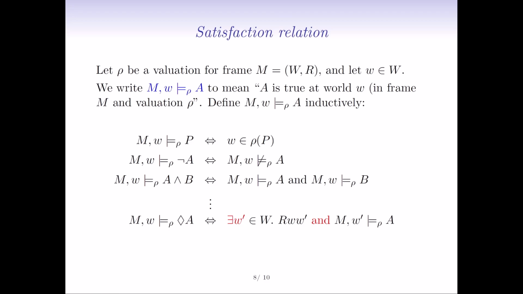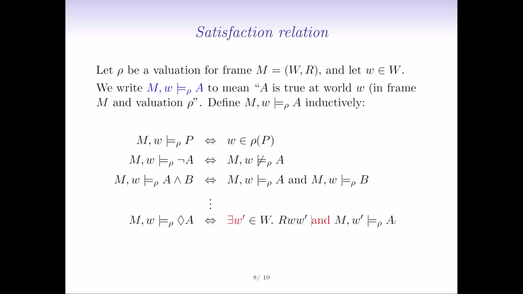Saying A is possibly true means there's at least one possibility starting from now where A actually is true. That is to say, there exists a world w prime such that w prime is accessible from w, that is, R w w prime. Instead of accessible, you could also think of reachable, or reachable in one step.